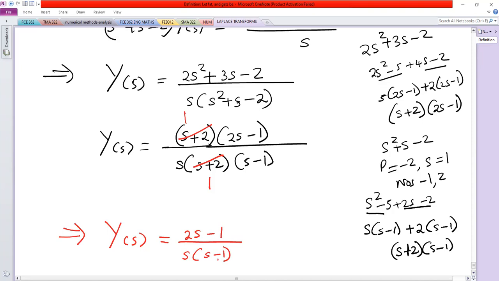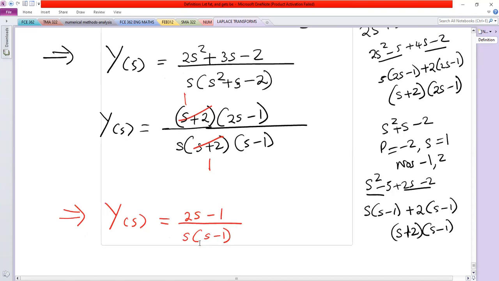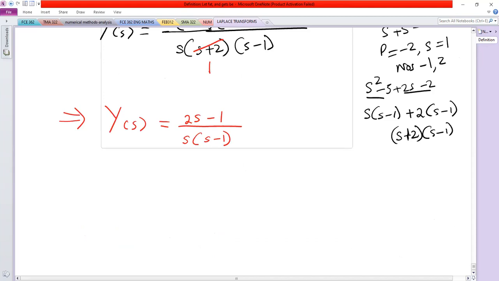At this point, we decompose this into partial fractions. We can write this as a over s plus b over s minus 1.